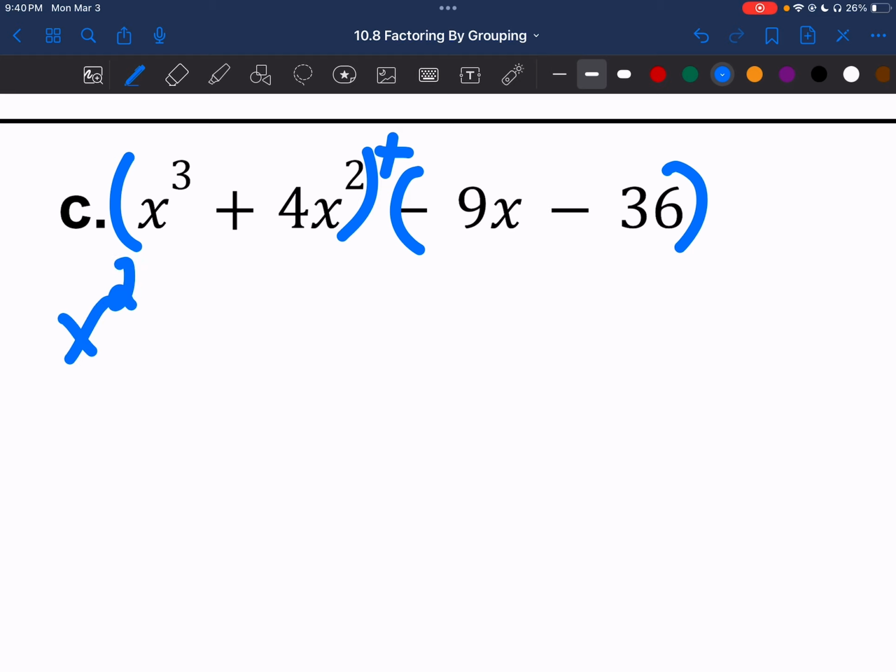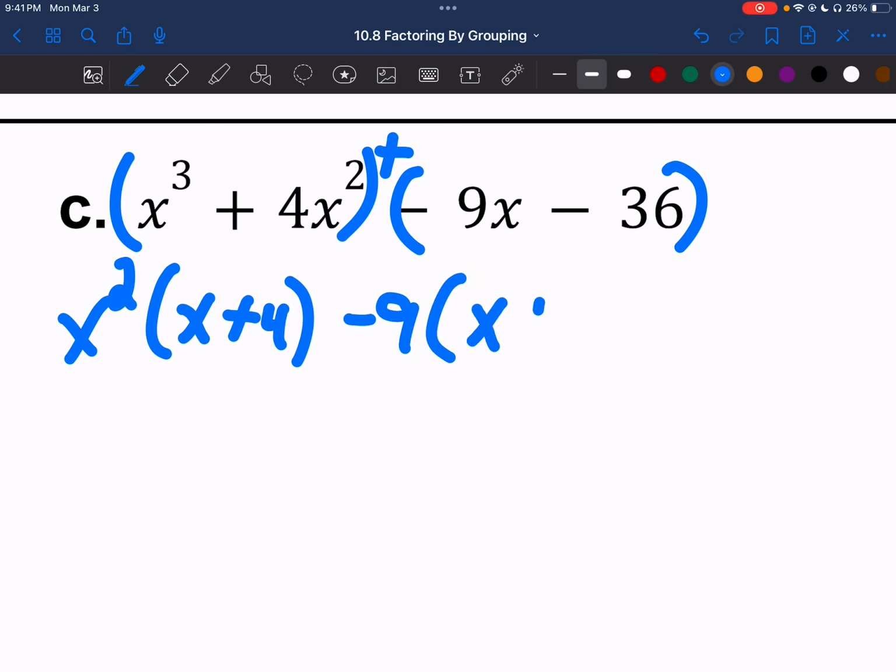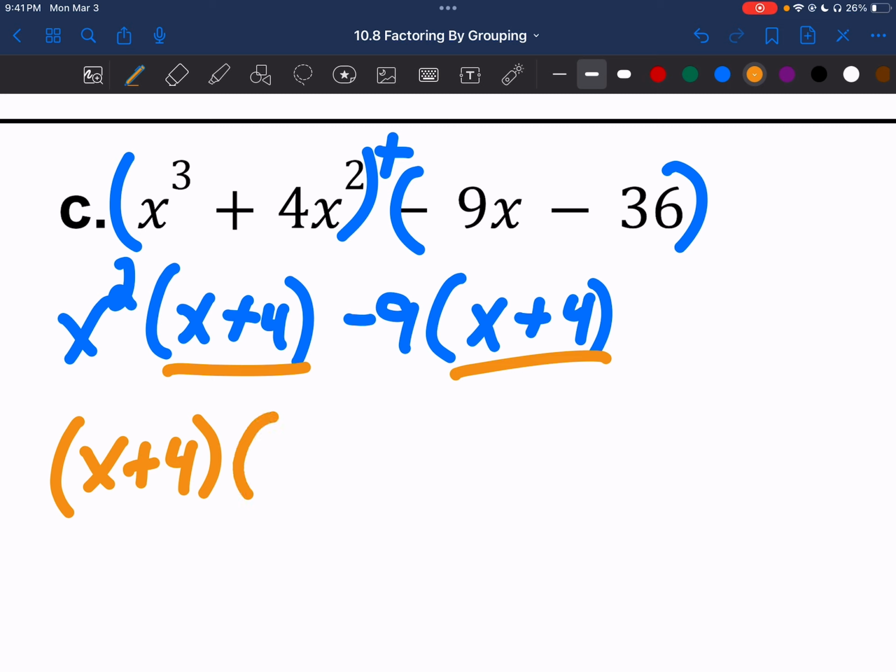So we take an x squared. We have an x plus 4. And then our second term, we can take out a minus 9, and we have x plus 4, which x plus 4, we bring out. And we're left with x squared minus 9.